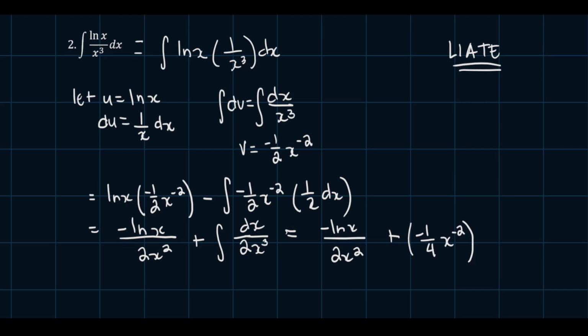And of course, our constant of integration. Ay simplify na lang natin as negative ln x over 2x squared minus 1/4 x raised to negative 2 plus c.